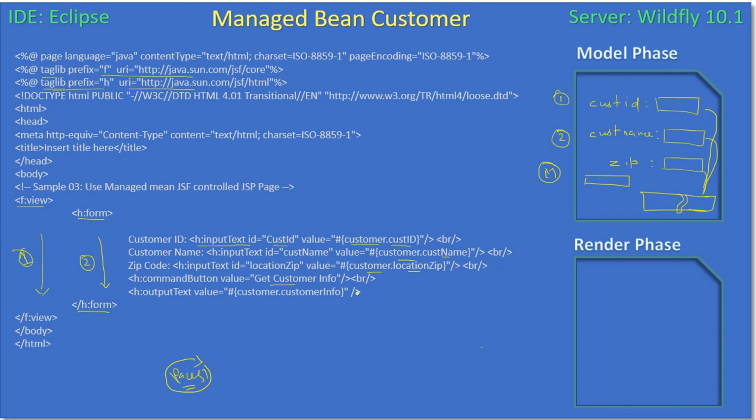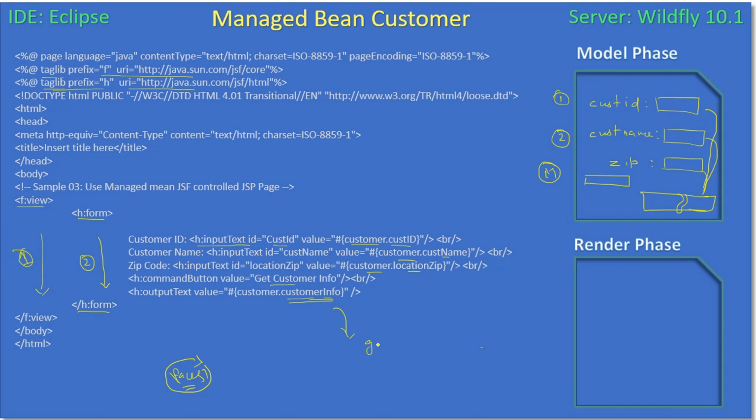And here if you see, this comes as a rendering phase. Why? Because here we are actually reading the content. So when JSF sees this output text, and it knows that the value is customer info, it's a read-only field. That means we need to display the content. Once the form is submitted, you will see the customer info, which is actually a get version, right?